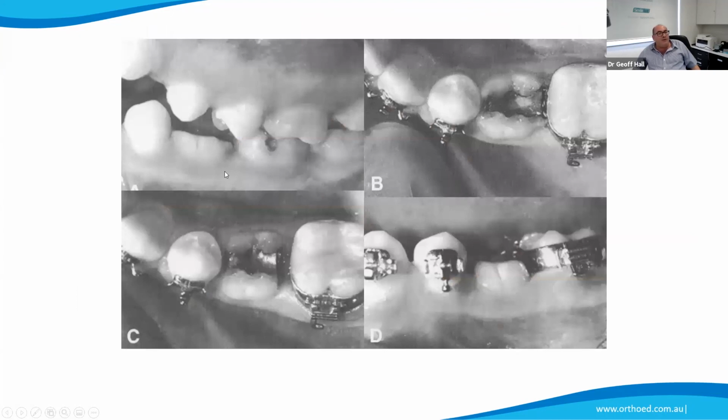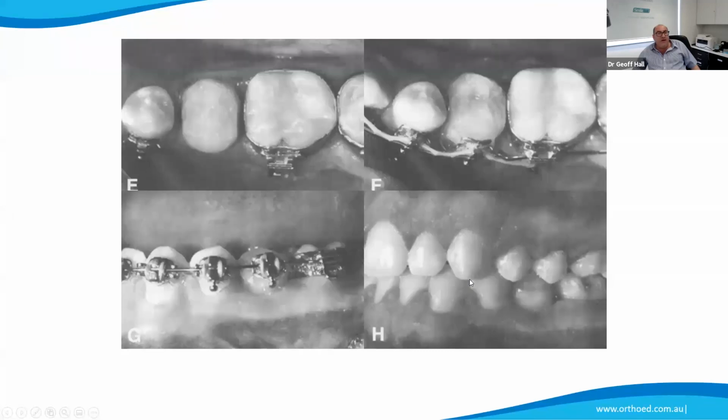So one option is to go ahead and build up the deciduous molar and trim it down mesiodistally to 7 millimeters. Because when we do that, we can then move the molar forward into this extra space and we get this nice occlusal scheme.